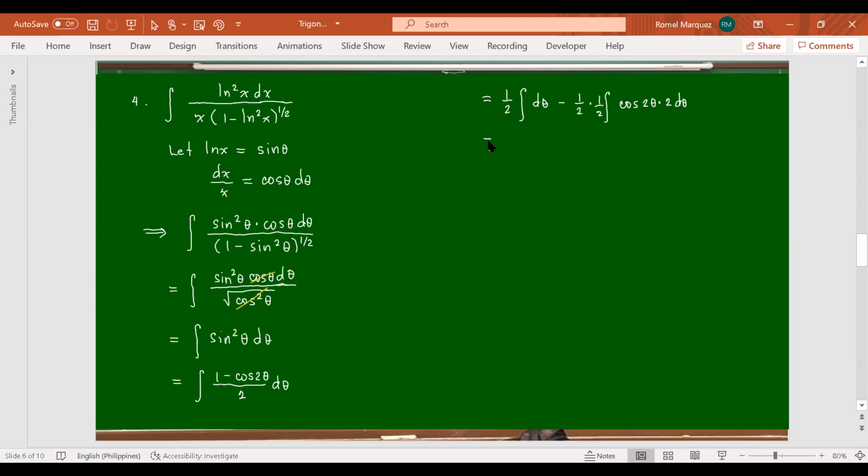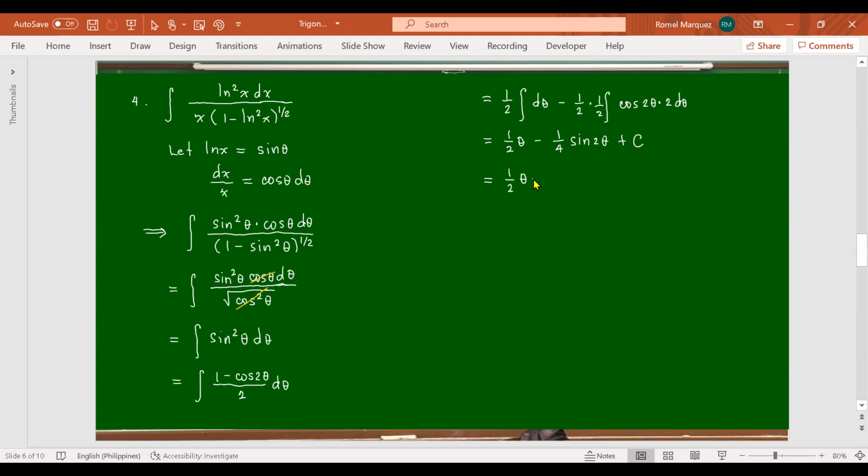Okay? So this is equal to 1/2 theta minus 1/4. What is the integral of cosine u du? So that is sine u. My u here is 2 theta. So then plus c. Is that clear, guys? So here sine theta is equal to ln x, but this is sine 2 theta. So I will not be able to define this in terms of ln x if I'm going to have sine 2 theta. So what is the identity for that, guys?